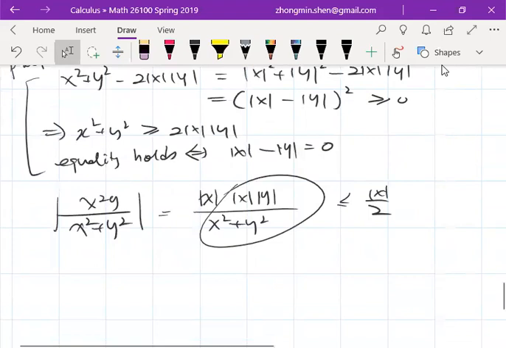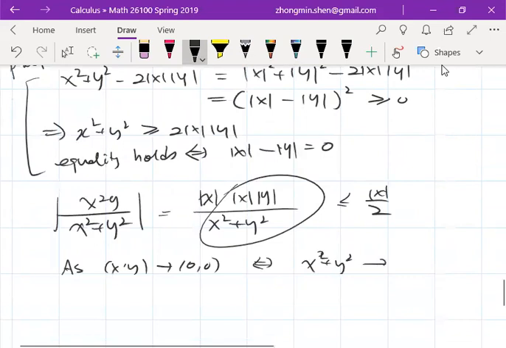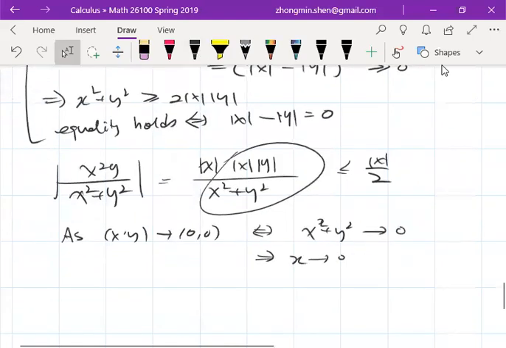I think you can use the epsilon-delta language, but here it's easier to see that as (x, y) approaches (0, 0), that means x squared plus y squared approaches 0, right? But that forces x approaches 0 and y approaches 0, both. So that means absolute x over 2 approaches 0.